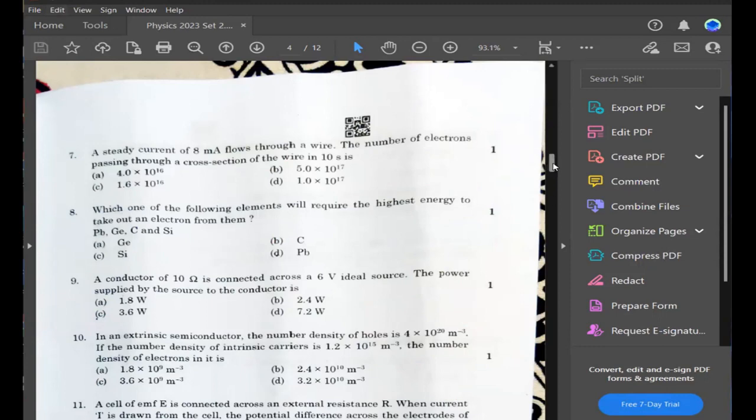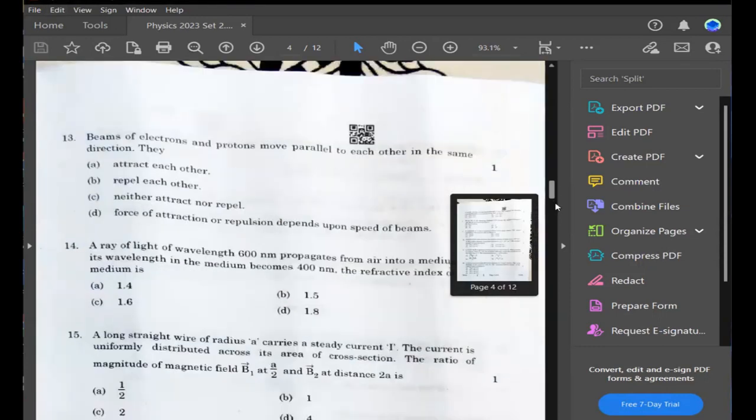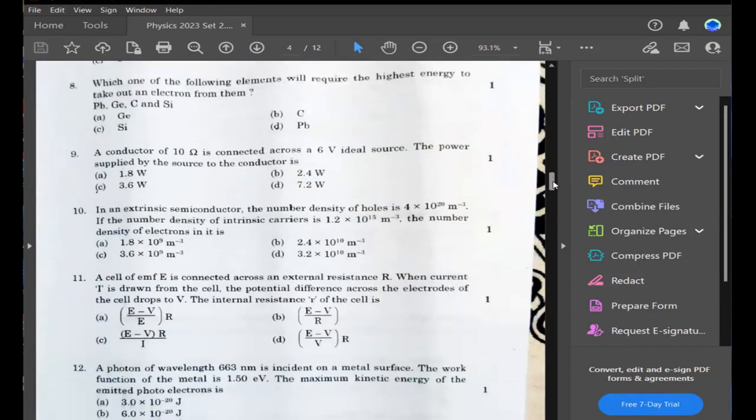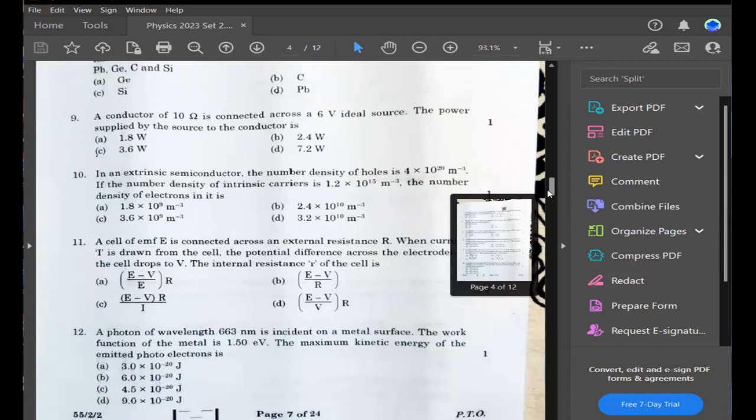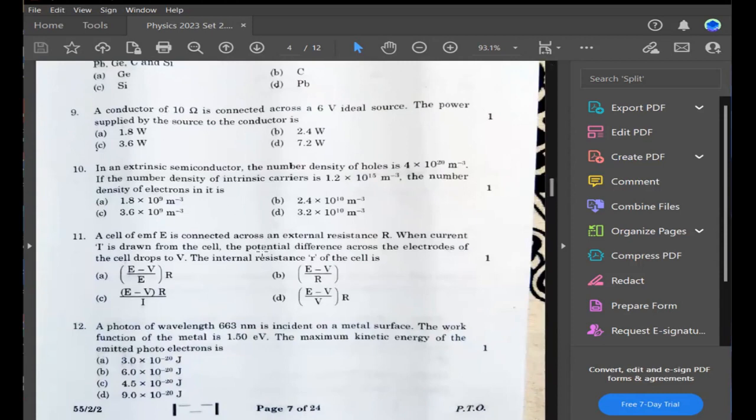Okay, we know that EMF is the maximum potential difference when the circuit is open, that is when no current flows through the circuit. So the internal resistance in terms of E and V and R is E minus V upon V into R. So D option is correct.